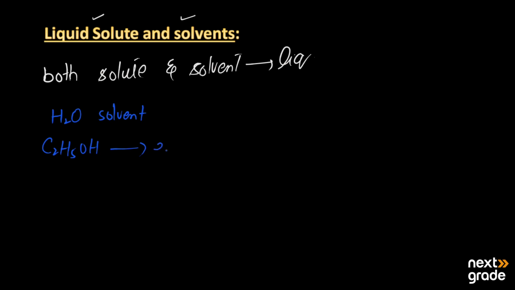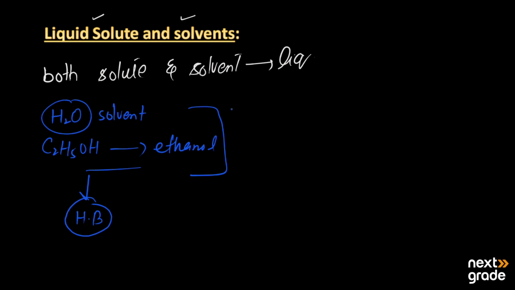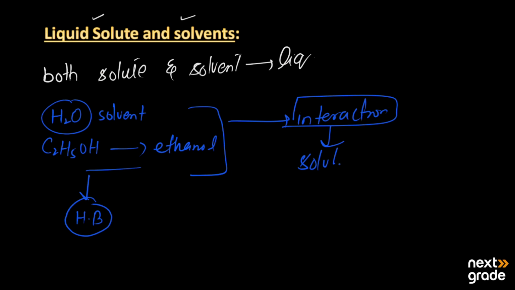This is ethanol. Now the ethanol will create bonding with the solvent, that is the water molecule, because both have hydrogen bonding and they get dissolved into each other, and interactions are created between them. When the interactions are created, in turn the solubility increases.